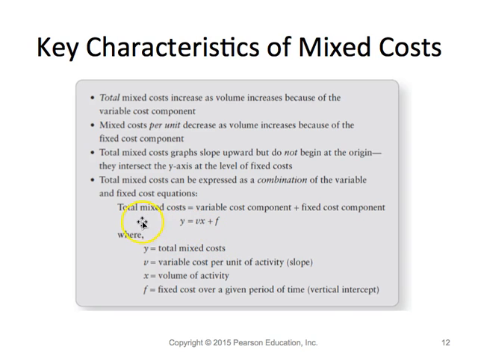So y, the total mixed cost, equals the variable cost component v times x, plus the fixed cost component f. So y equals vx plus f.